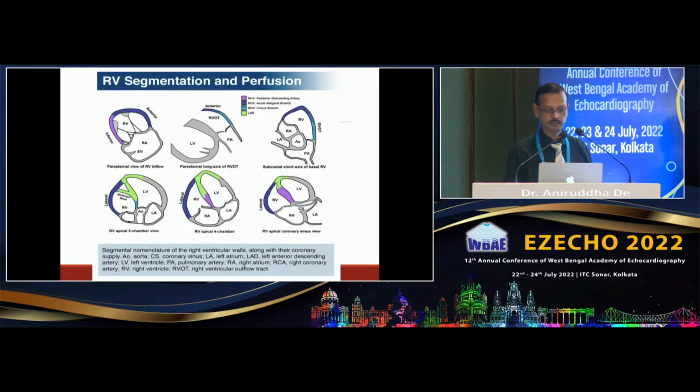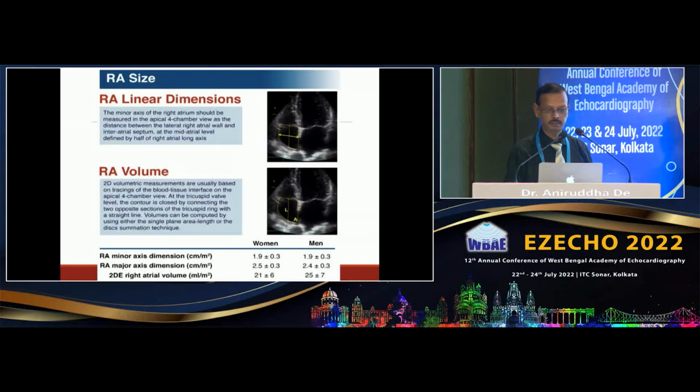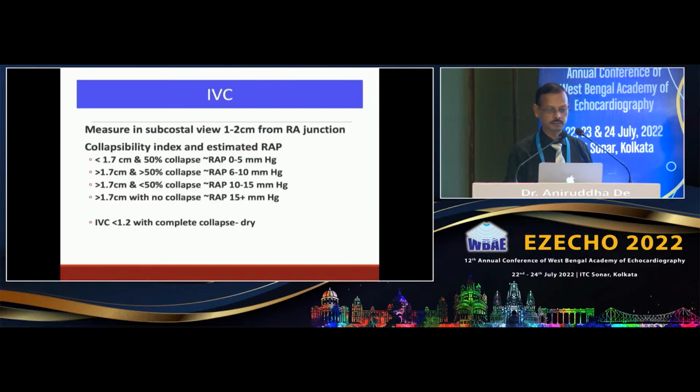So that is why, instead of volume and RV-EF, RV free wall strain has much stronger prognostic data for mortality. Yeah, so the question is whether to use fractional area change. Now the problem is, it is also a good parameter, but it is all dependent upon the alignment of the fibers. To make you understand this, looking at the RV in the apical view, predominantly 90% of the RV fibers are longitudinal, and in the outflow tract it is only 10%, which is mostly circumferential.